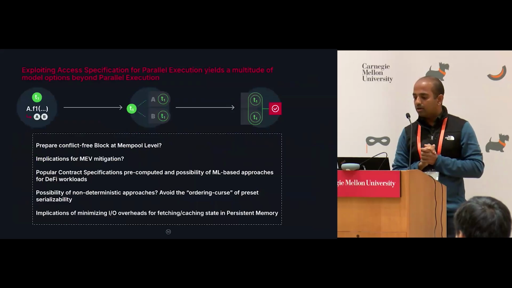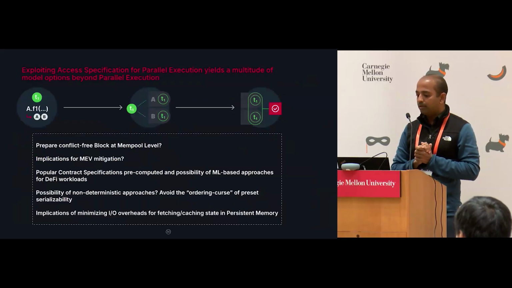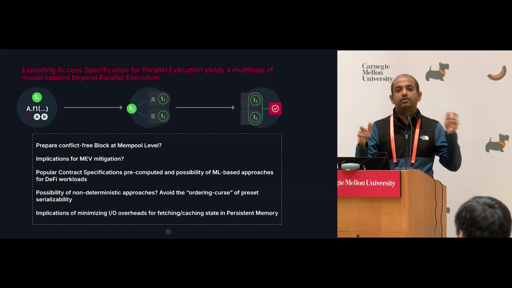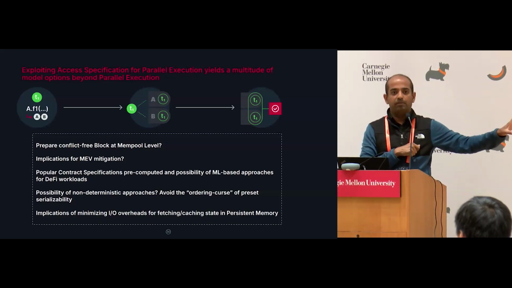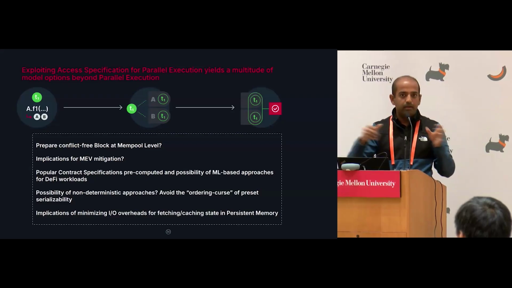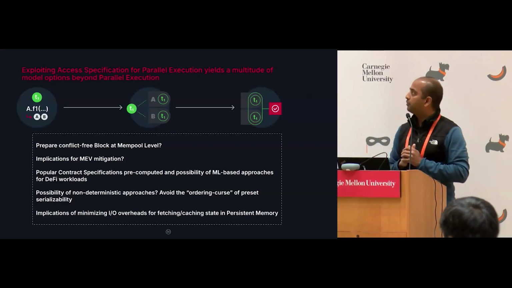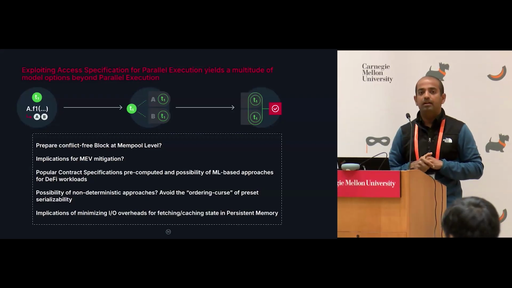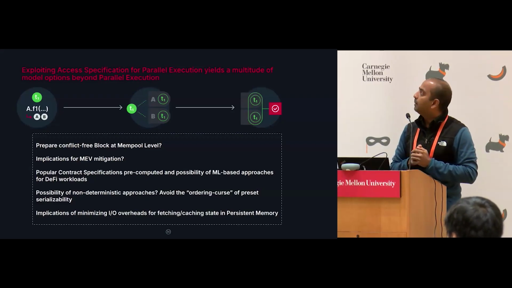I'll just conclude this talk by saying that in many ways, the parallel execution world in the smart contract ecosystem has been caught up in the read-write oblivious versus read-write aware debate. But there is a world in between, and that world can be leveraged for several aspects of it. There are deep implications for it, even in terms of MEV mitigation.